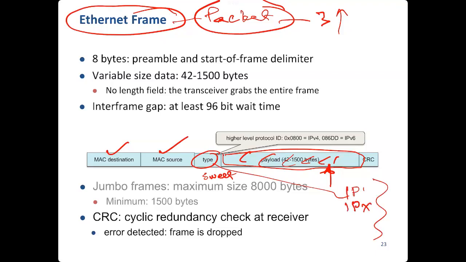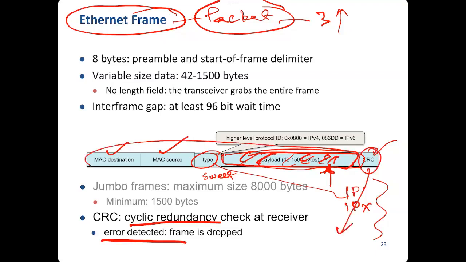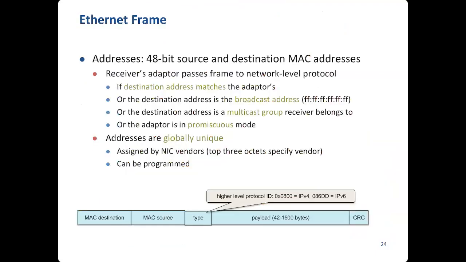Then there are CRC bits, a cyclic redundancy check to detect an error, not correct it. If the calculation doesn't match, the packet can be dropped by the recipient. The source and destination addresses are 48 bits.